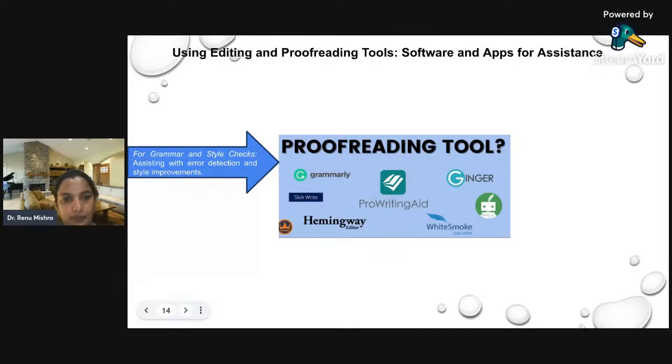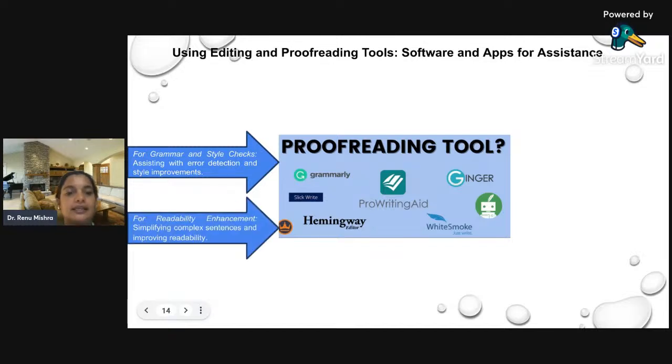Then there is the Hemingway Editor, which enhances your readability. It simplifies your complex sentences and improves your readability. I have categorized these tools so that whatever you want to use, as per your comfort, priority, or requirement, you may use it.